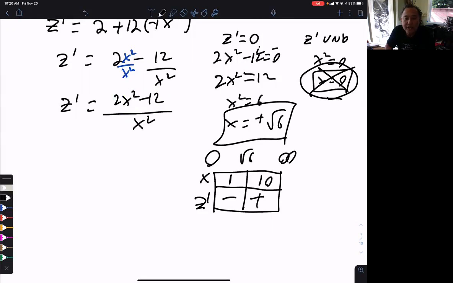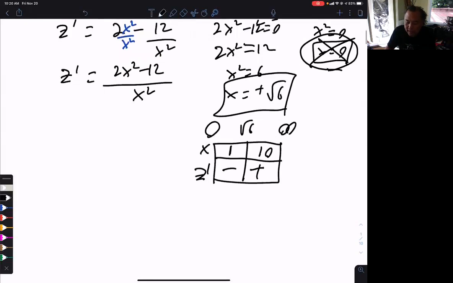So we're pretty much done. So let me explain what you would write out. You would say z has a relative minimum at radical 6 because z prime changes from negative to positive at radical 6. Then you say, since this is a continuous function and it only has one relative extrema, therefore it's also an absolute extrema.